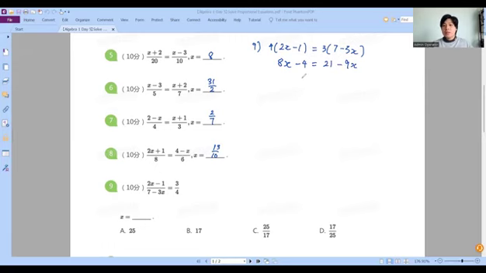Okay, so right here, I'm going to move my x terms to the left and my non-x terms to the right. So here I'd have 8x plus 9x, and I have 21 plus 4.